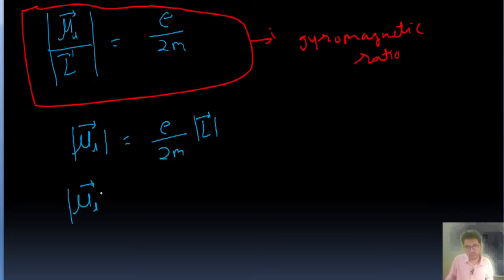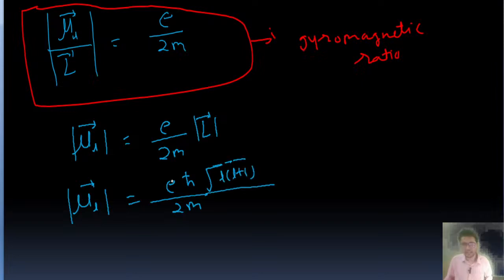Or we can write the mod of mu L is e upon 2m into h cut into root L into L plus 1, this value we know. And this one, guys, is very important. Since e h cut upon 2m is mu B, this is the Bohr magneton, guys.